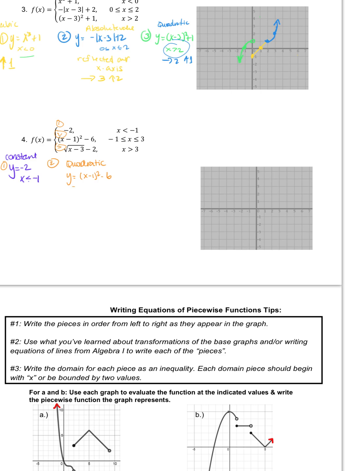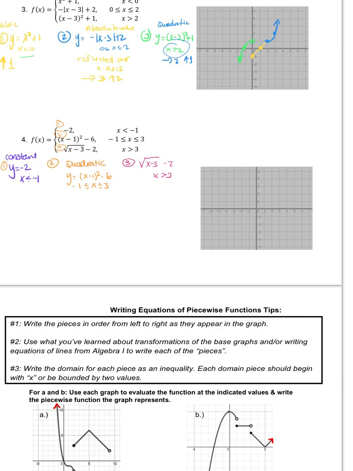It's restricted between, so this one's bounded. Bounded, we don't have those extra arrows going off. And the next one we have is a square root. And its restriction has to be greater than 3.